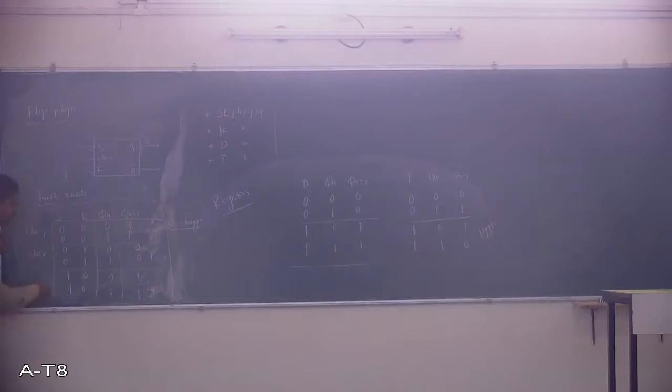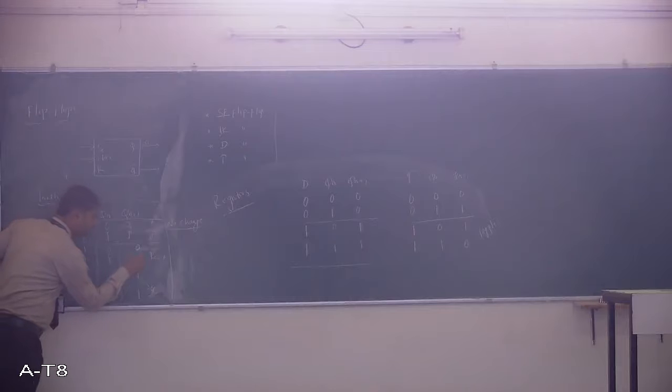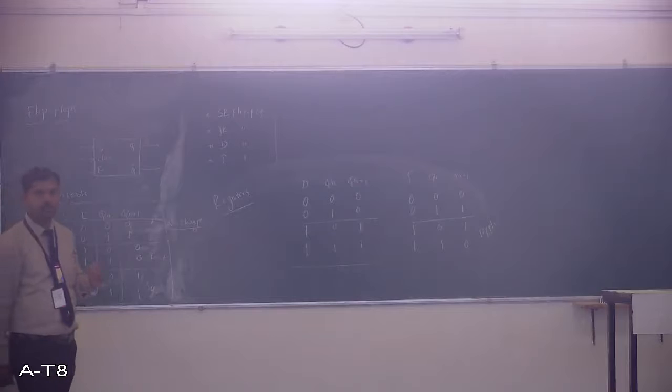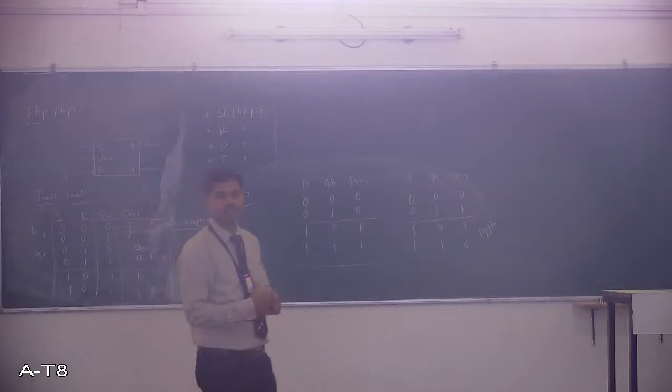Okay. Again apply the same inputs. Think that presently the status of the output is 1. After applying this particular combination of inputs along with the clock signal, it produces the output as 0 only. What conclusion will you make from this?